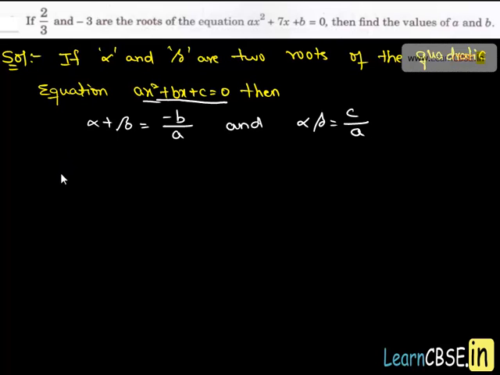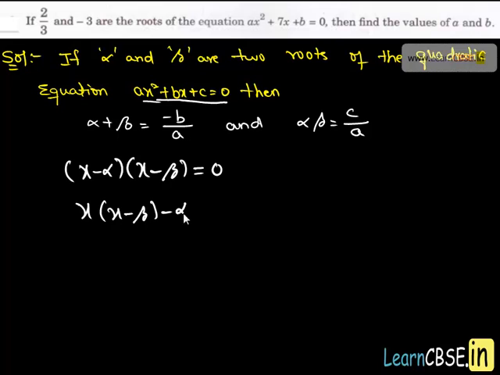Suppose we have alpha and beta as roots, then the quadratic equation is x minus alpha times x minus beta, which is equal to 0. Let us distribute x to x minus beta and negative alpha to x minus beta. X times x is x square and negative beta x and negative alpha x.